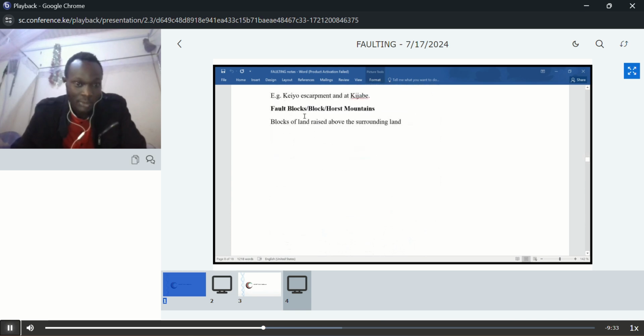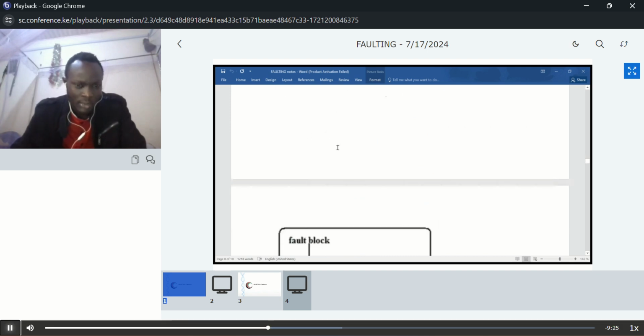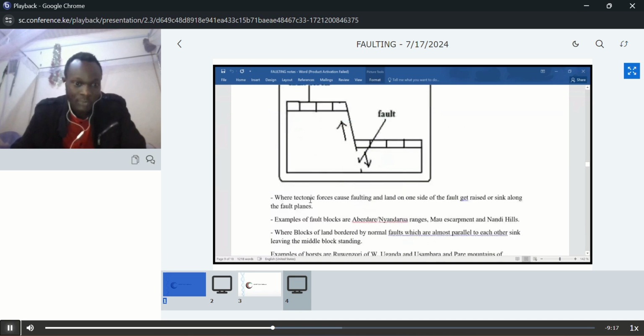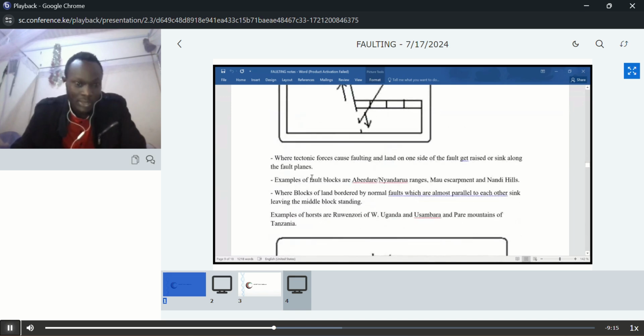You have the fault blocks, what we call the horsts or block mountains. They are the blocks of land raised above the surrounding land. This is the fault block, and the land is raised above the surrounding land surface. It occurs where tectonic forces cause faulting and land on one side of the fault gets raised or sinks along the fault planes.